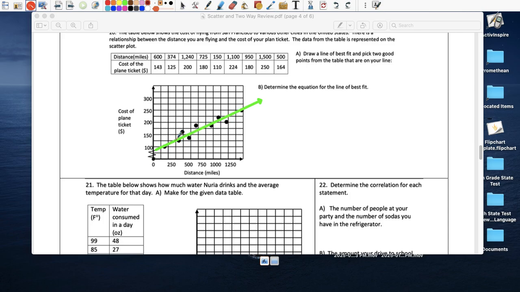Okay, so let's pick this point. Actually, this is a nice point. That point there is, what the heck, 250. Wait, which one is 250? I think this is 250. No, that's 250. One second, please.